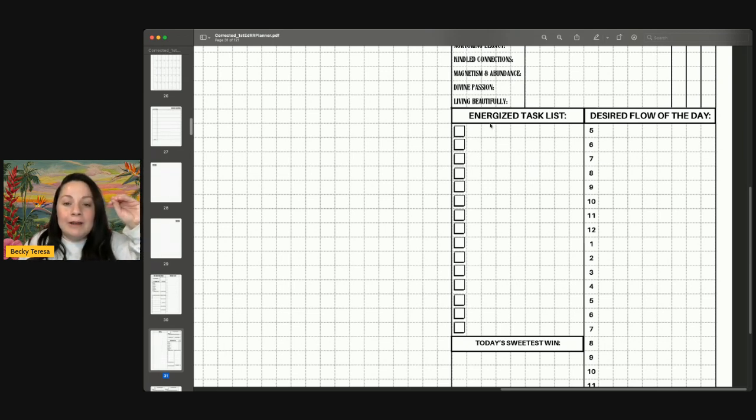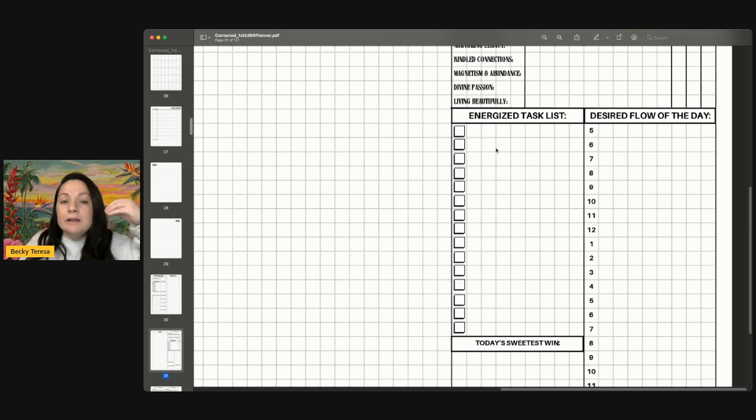When I tell myself, oh, this is my energized task list, that immediately shows me that I can put energy into anything as long as I just desire to. And so I'm going to do things energetically and with joy. I'm not going to do things with spite or grumbling or with bitterness. That's not how I want to live my life.